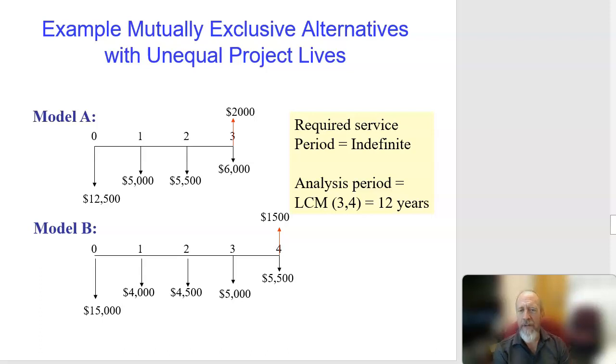They're broken down into an annual basis. So in this case, we're looking at a Model A and a Model B. We can look at it over one cycle for Model A and Model B. Now notice, Model A lasts for 3 years, Model B lasts for 4 years, and it's got costs given on those bases.